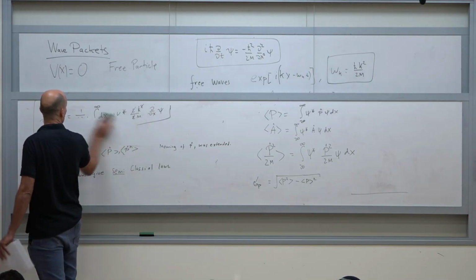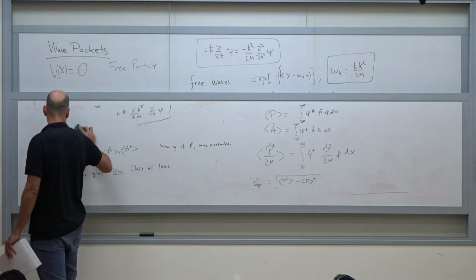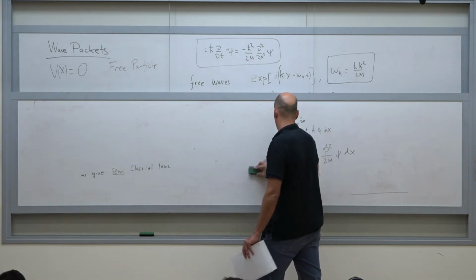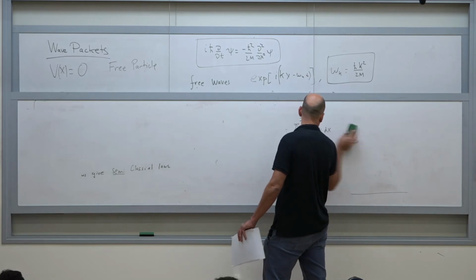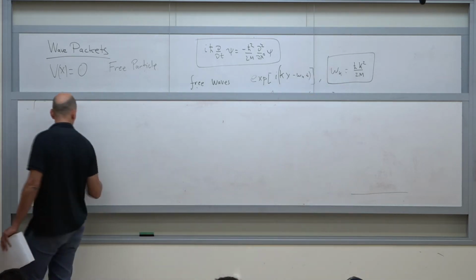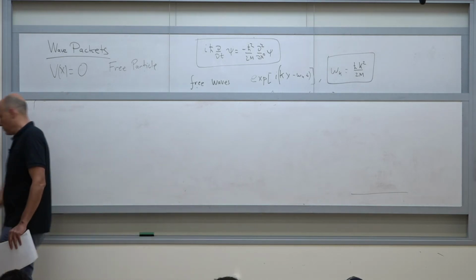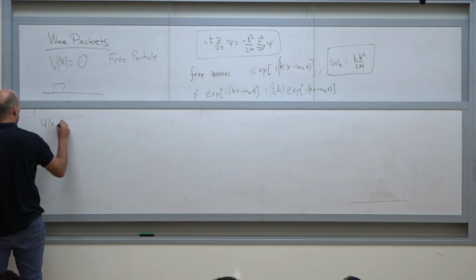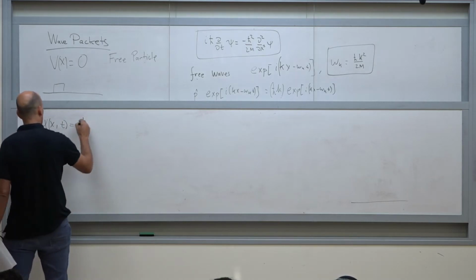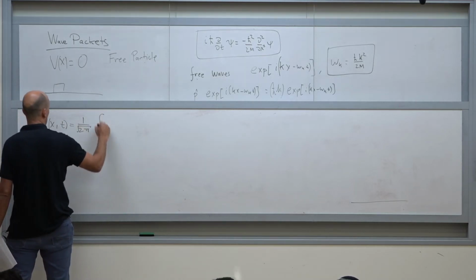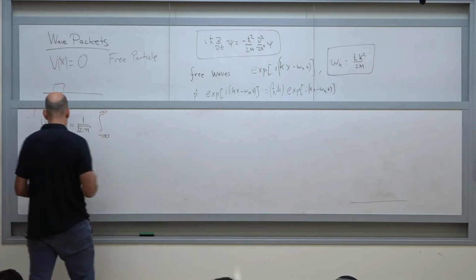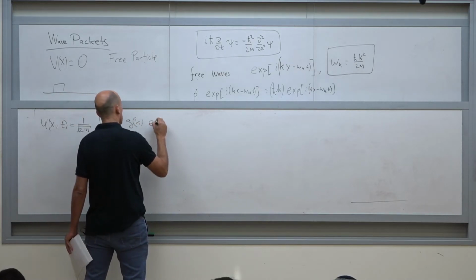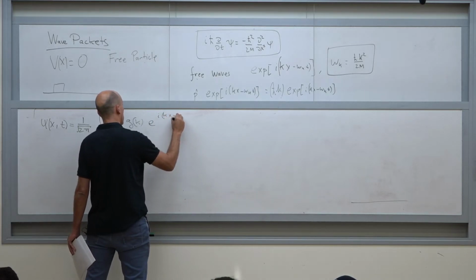So what is the solution? The solution is psi(x,t) equals 1 over square root of 2 pi, integral from minus infinity to infinity dk g(k) e to the i(kx minus omega_k t).